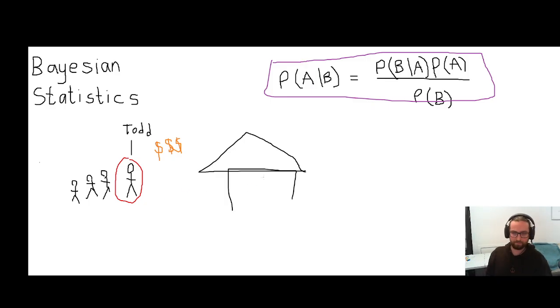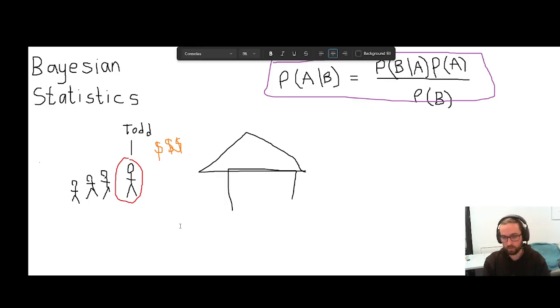And let's say that there's some DNA evidence that was left at the scene. And so the prosecutor says Todd's DNA with the banknotes is a 1 in 10,000 match. Now, to a naive person on the jury, this sounds like there's a 1 in 10,000 chance that he would be innocent, and all the other times he'd be guilty.